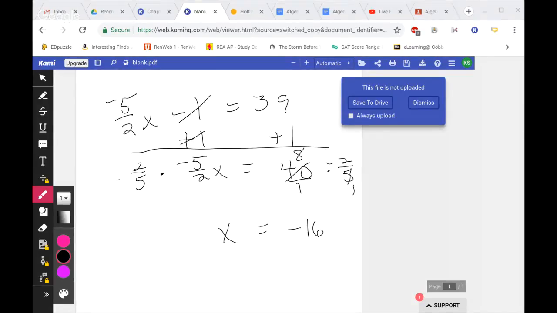Does it make sense to you that if two things equal each other, if h of x equals 39, but it also equals negative 5 halves x minus 1, you can set them equal? Is clearing the fractions still trouble for anybody? Is everybody good with that? Yes, ma'am. Okay.